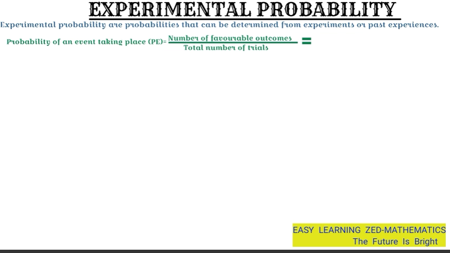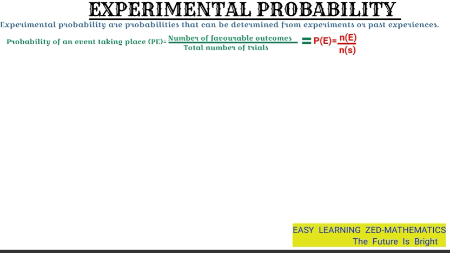Before we look at any example, let's simplify this formula so that we don't have to write a longer formula like that one. We can write PE, the probability of the event, is equal to NE, the number of favorable outcomes of an event, over S, the total number of trials. Number of trials is how many times you have tried.